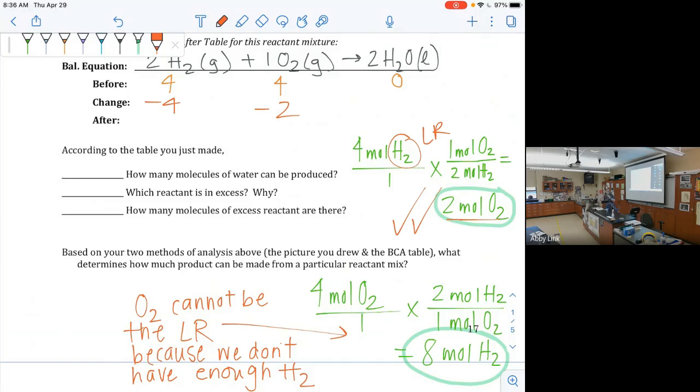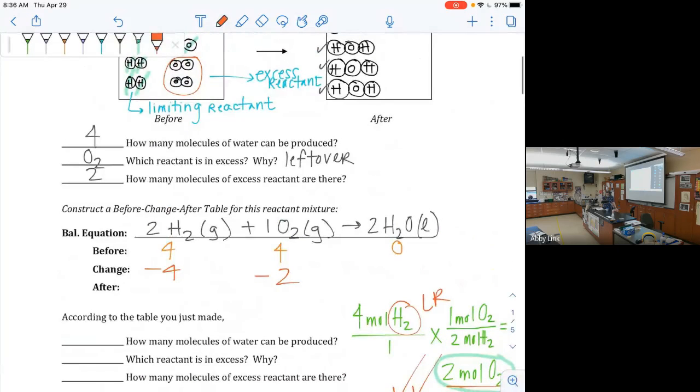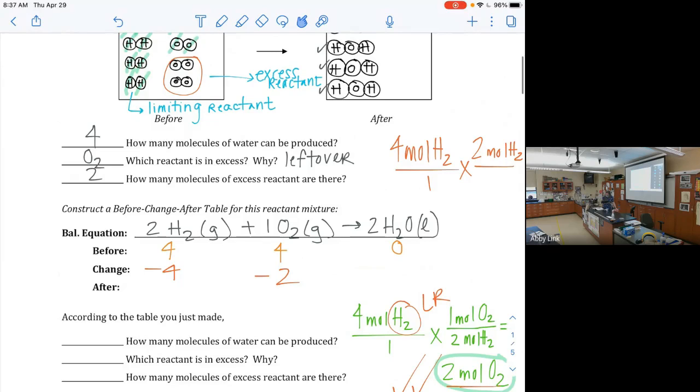And then we could calculate how many moles of H2O we would end up producing by taking your 4 moles of H2 and using your mole ratio calculation once again. I'll write that a little smaller, guys, so I can put everything up there. 2 moles of H2 on the bottom.